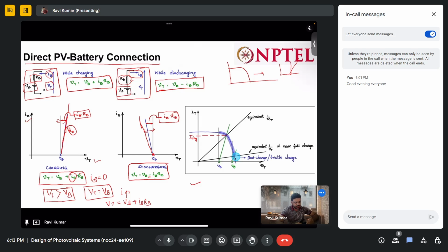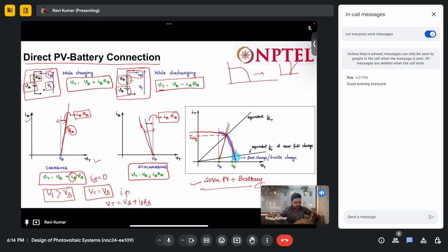So this is the characteristics of solar PV plus battery. Here you just understand one thing. This is the IV characteristics, and in case of charging, this is the characteristics of the battery, and this is a particular point VB.